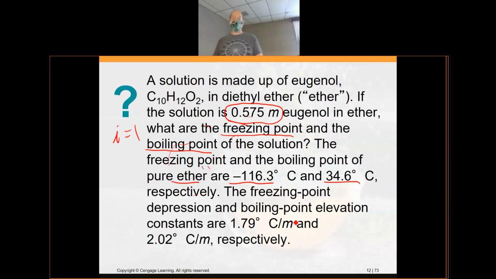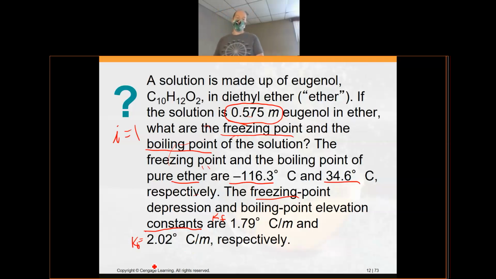They also have to give us the constants. The freezing point depression and boiling point elevation constants have to be given, or you're going to be given a chart to find them. Here is your K sub F, freezing point depression constant. Here is your K sub B, your boiling point elevation constant.